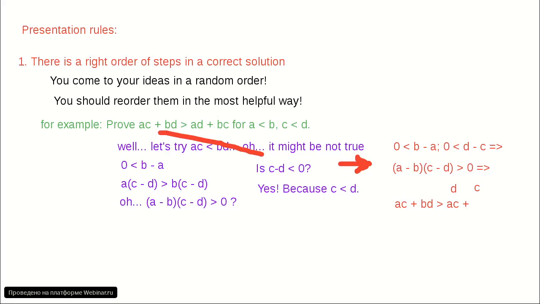So what does it mean? That means that when we create a solution, there is a phase when we formulate. And it means that we should take this into account, that there are two different phases.